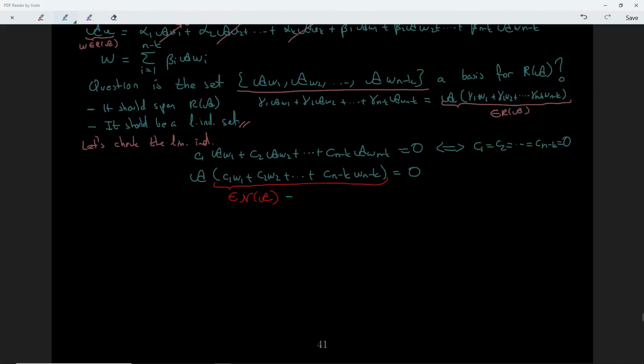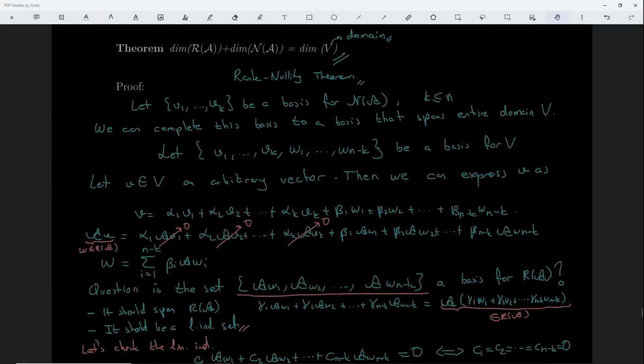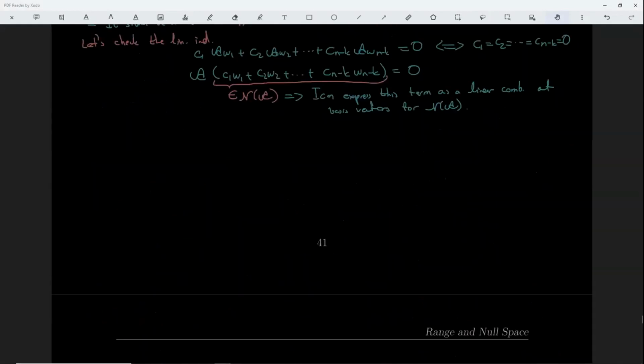Therefore, I can express this term as a linear combination of basis vectors for the null space of A. Remember that we specified the basis set for the null space of A over here, V1, V2, up to Vk. Let me write it down more explicitly.